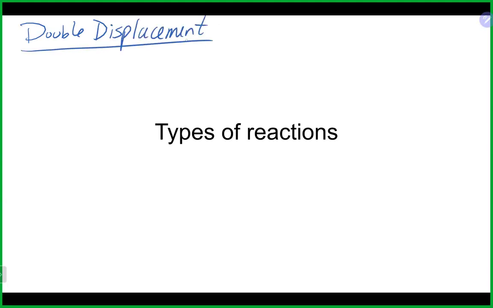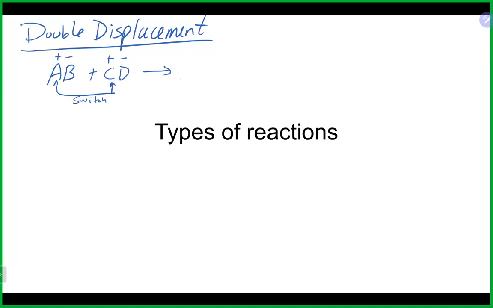And as we will talk about, double displacement reactions is the only reaction where you will essentially have 2 ionic compounds. And always when you have 2 ionic compounds, the exact reaction always occurs, which is these 2 guys switch partners.